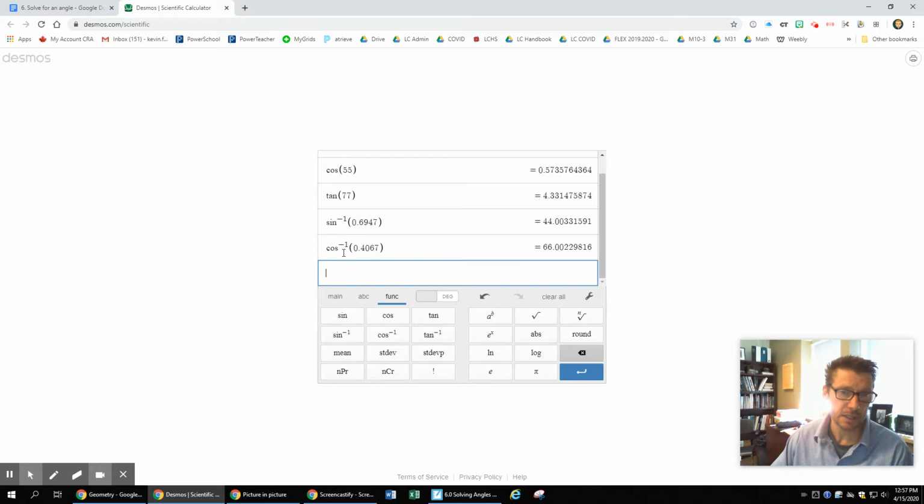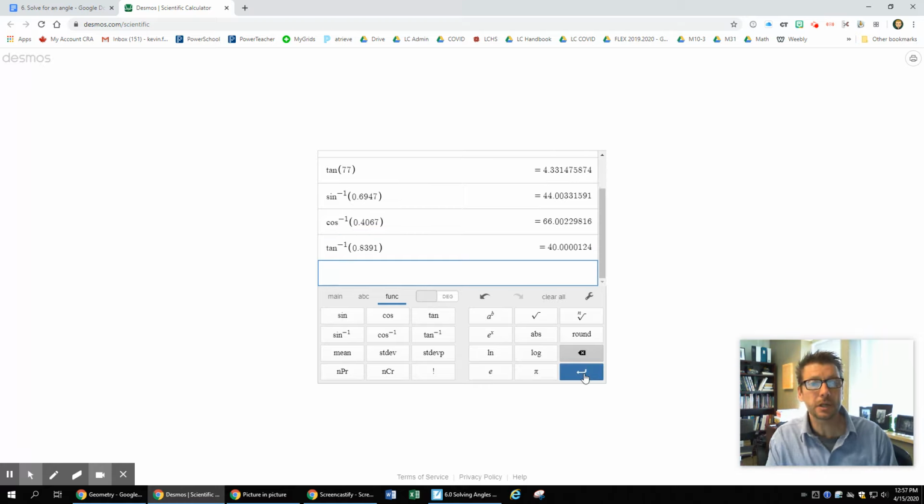Going backwards, the ratio of 0.4067 for cosine, which is adjacent over hypotenuse, has to be 66 degrees. And similarly, if I have tangent, tangent minus 1, 0.8391, and I enter that, I get my answer of 40 degrees. So that's nice when our calculator allows you to push a button and put in the decimals, and it gives you the angle.